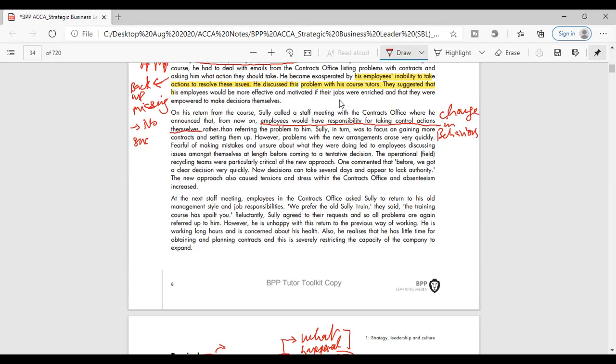Rather than referring the problem to him, Sully in turn was to focus on gaining more contracts and setting them up. Okay. So more of a leadership role for Sully. Problems with the new arrangement arose very quickly.